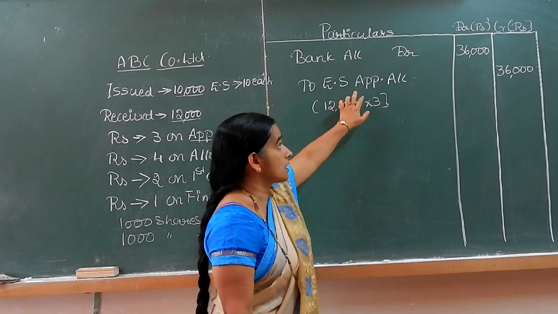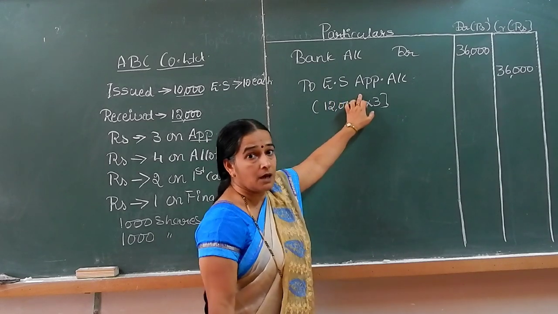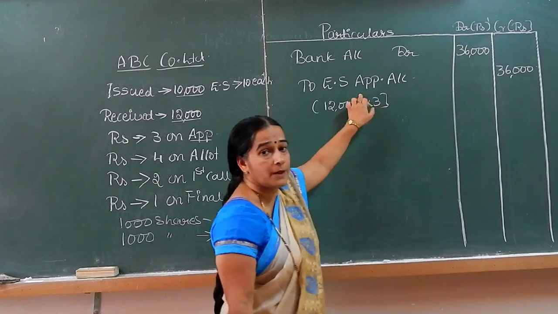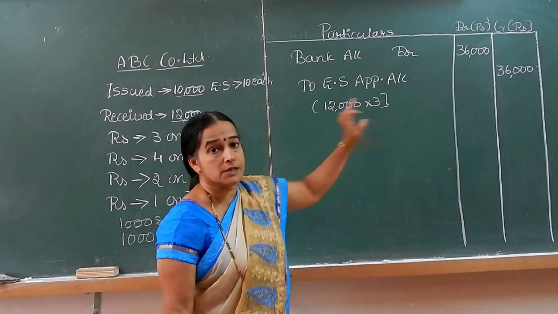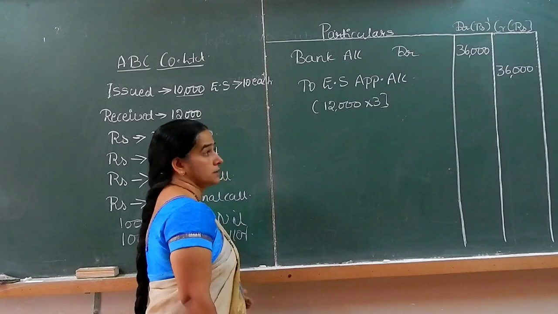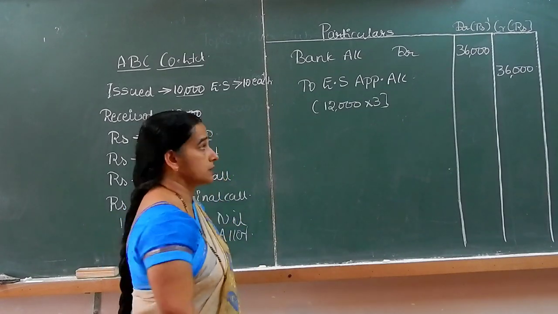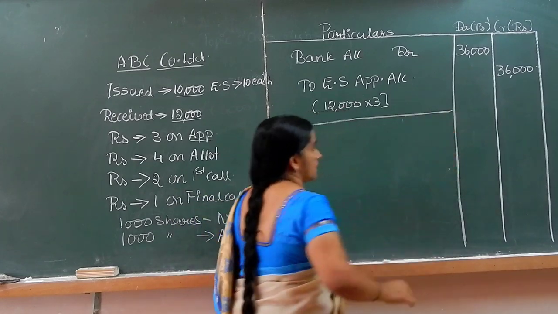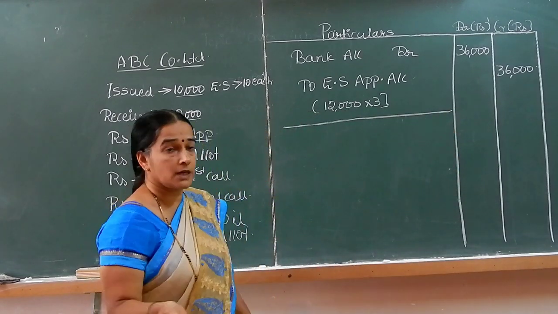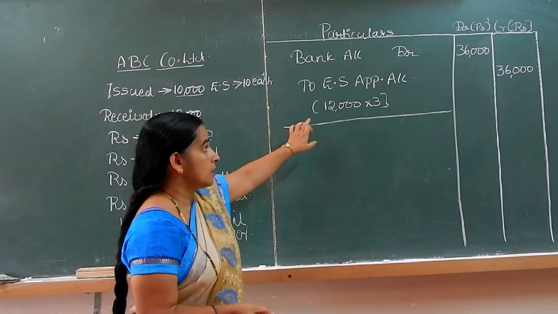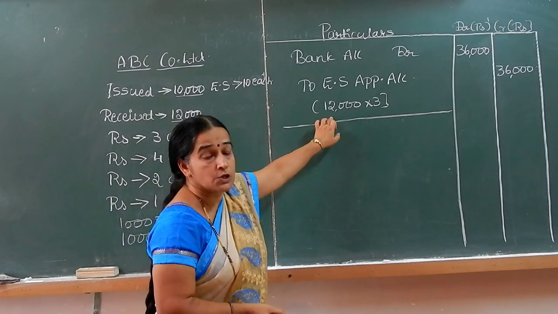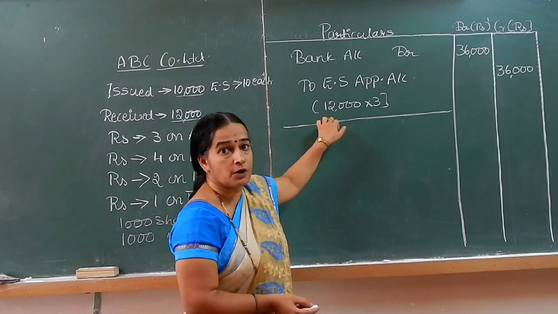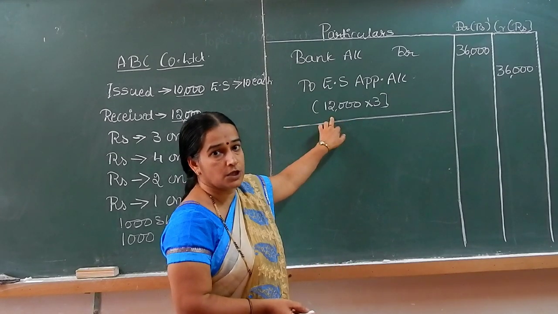Share application account represents the applicants and they are the givers of the benefit, so their account is credited with 36,000. The narration will be: being application money received on 12,000 shares.